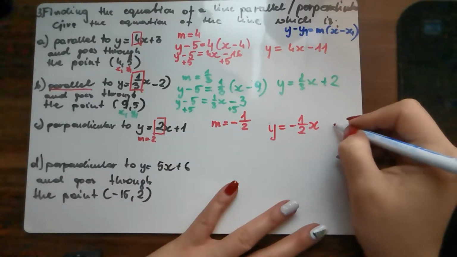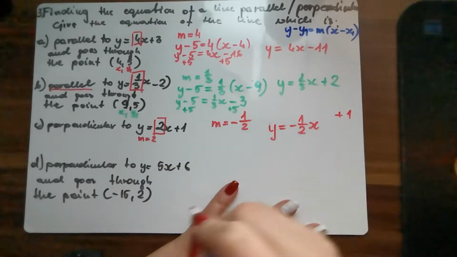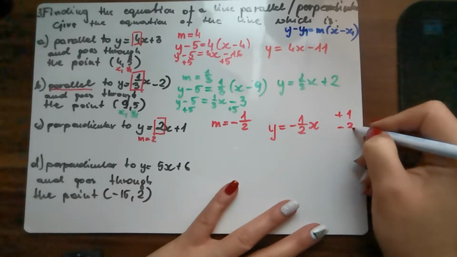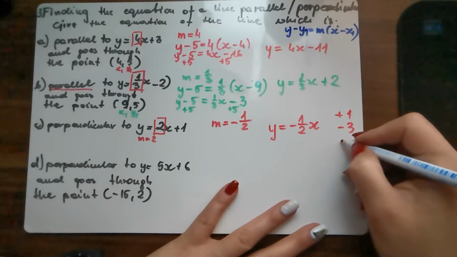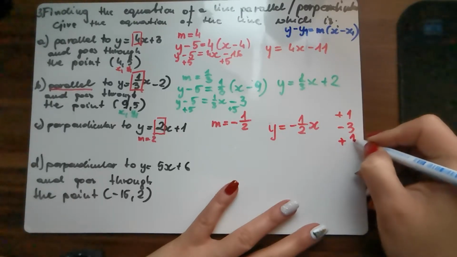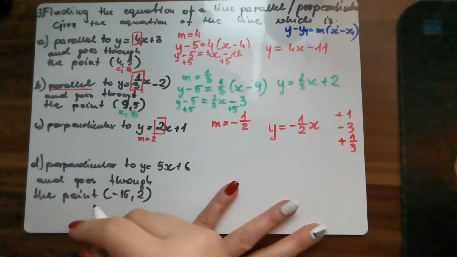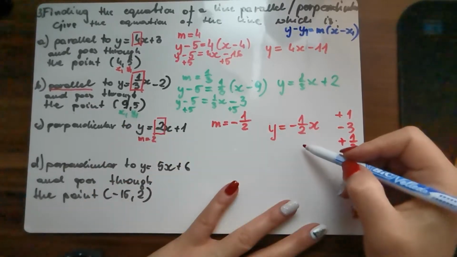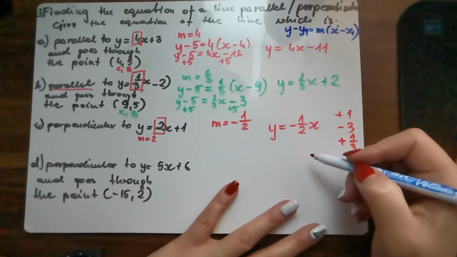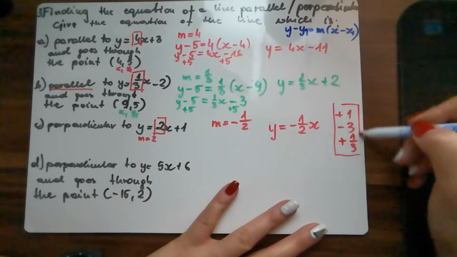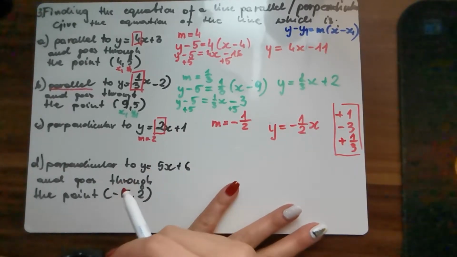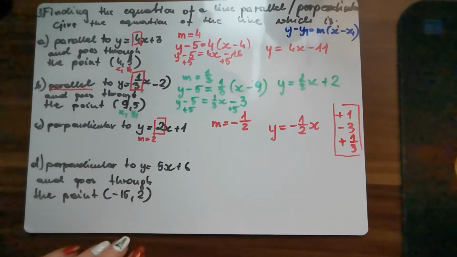So it might be +1, it might be take away 3, it can be +1/3, any number, because it only must be perpendicular to this one. So the y-intercept for us is not important. So any number you write down will be okay.